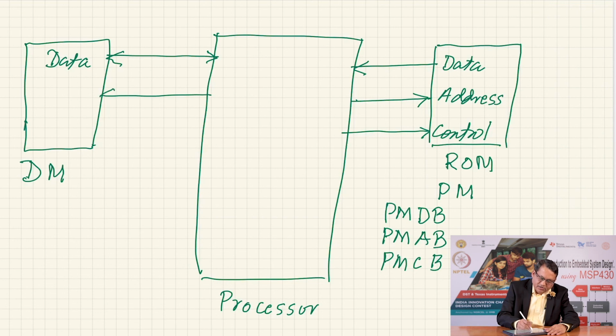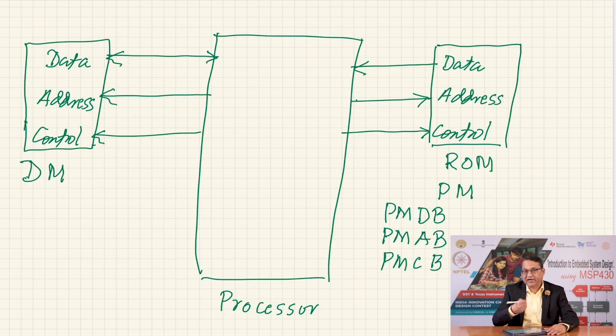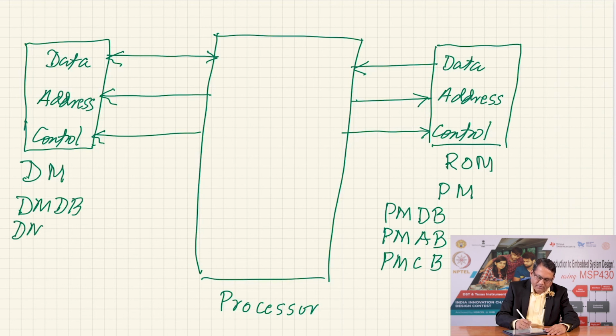You have address like the other memory, and you also have the control, and this set of buses is referred to as DMDB, DMAB, data memory data bus, data memory address bus, and data memory control bus.